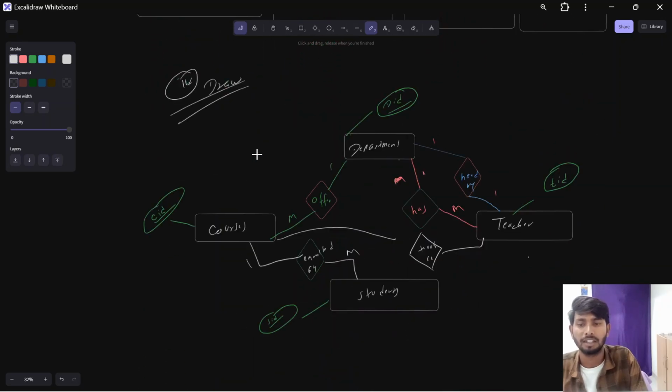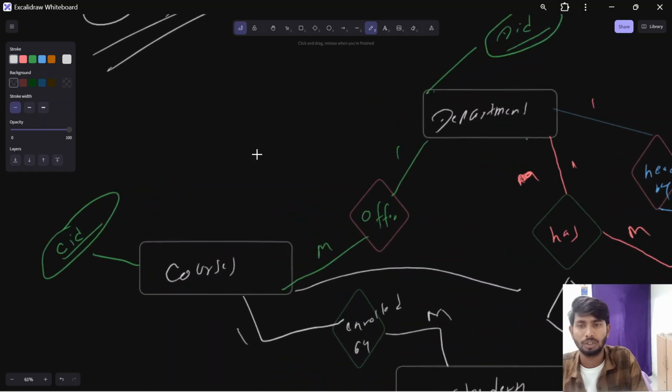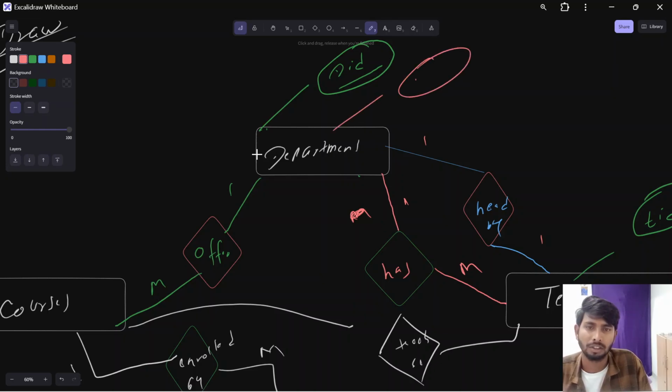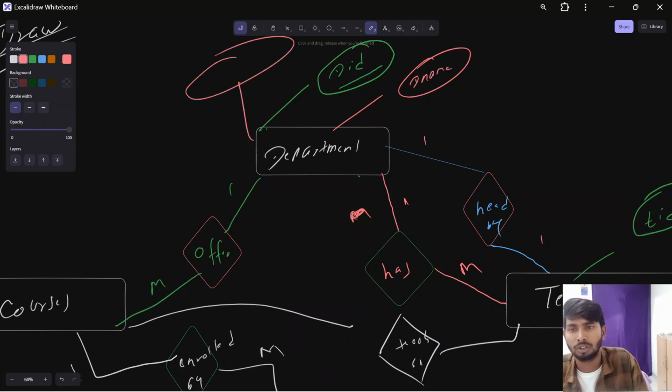Okay. Now we identified the entities, then made relationships with key attributes, and we have to mention other attributes also. Department has some D name. Department also has the contact, some email.